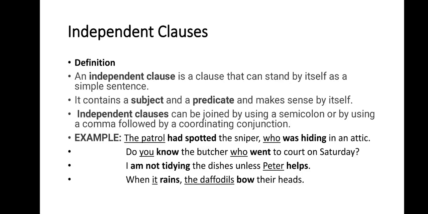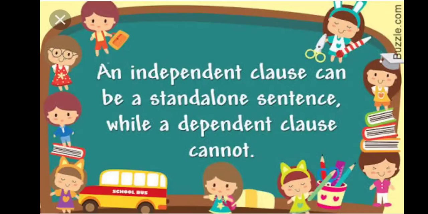The daffodils bow their heads. We can take it as a simple independent sentence. So what is the coordinating conjunction used here? Yes, it is when. When it rains. Okay, children, I hope you all understood this.